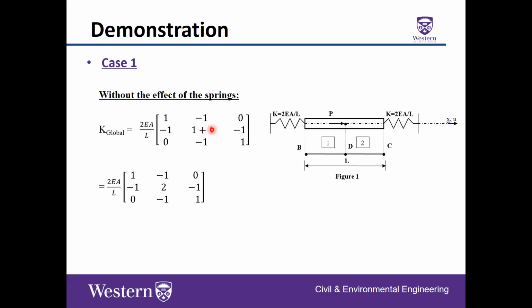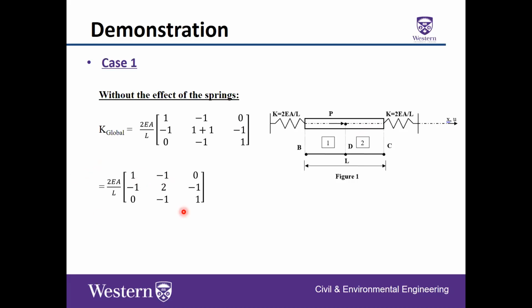So why do we have 1 plus 1 in the row that corresponds to D in the rows and D in the columns? Because we have 2EA over L contributed from the first element and another 2EA over L contributed from the second element.